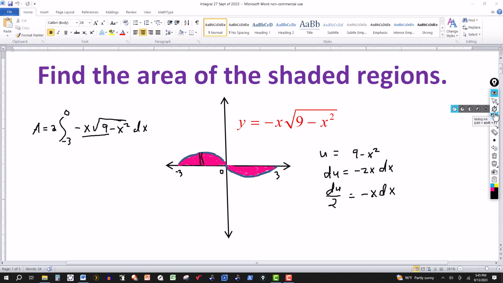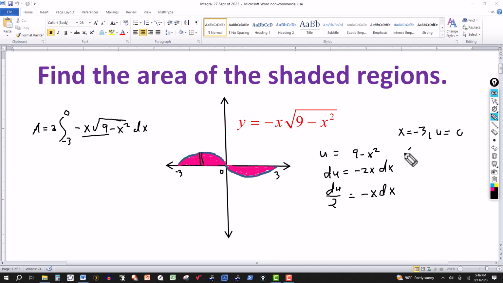And then I'm going to change the limits of integration using this substitution. Looking at the lower bound, when x is negative 3, we get negative 3 squared, which is 9, so 9 minus 9 is 0. So when x is equal to negative 3, the lower bound with respect to u will be 0.